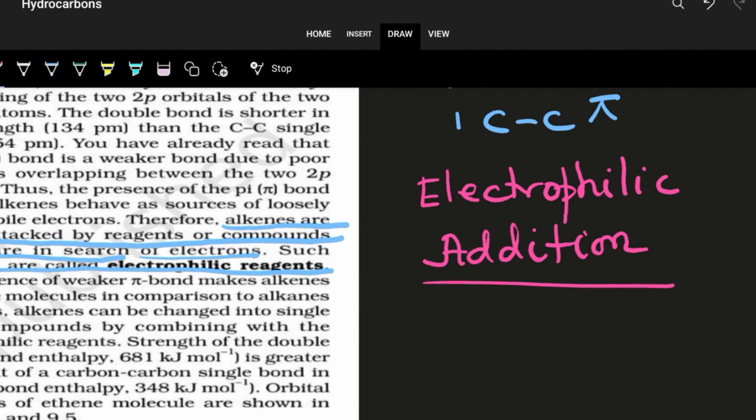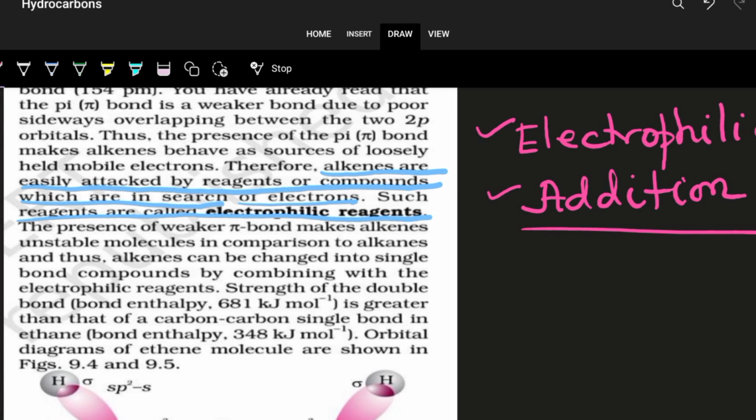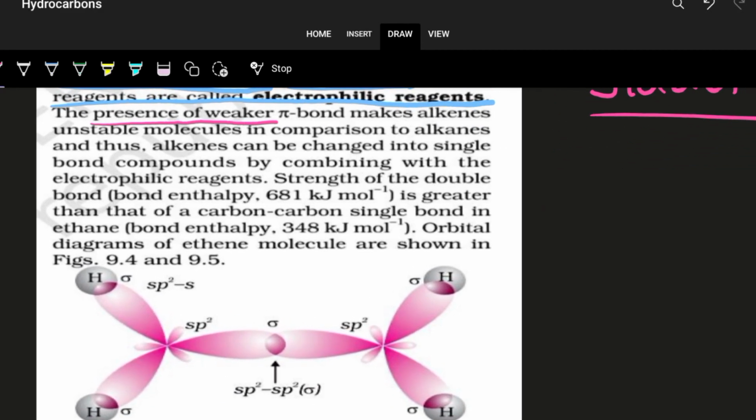You can get a single bond, hence addition reaction. And the addition reaction can take place with the help of an electrophile. So it is susceptible to electrophilic addition reactions. The presence of the weak pi bond makes the molecule unstable and more prone to electrophilic reagents.